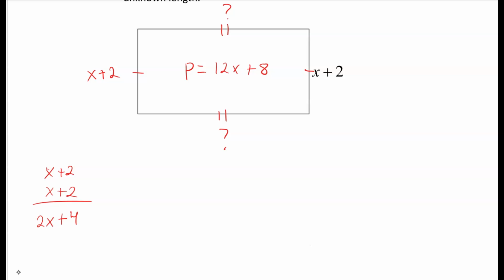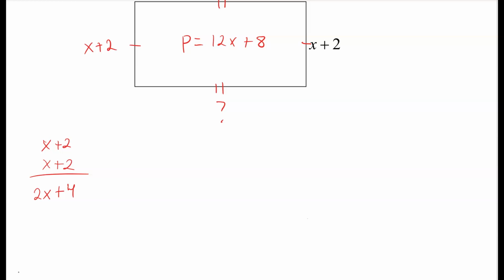The next thing that we want to do is subtract this from the total perimeter. So our total perimeter, now we're going to put this in brackets, is 12x plus 8. Close that bracket. And we want to subtract what we put here. So we have 2x plus 4.